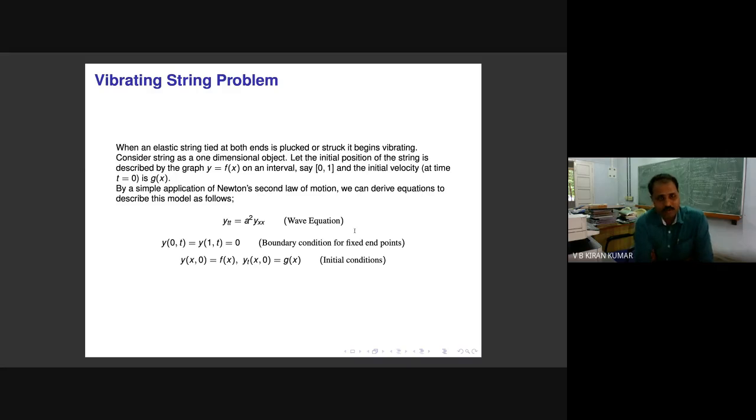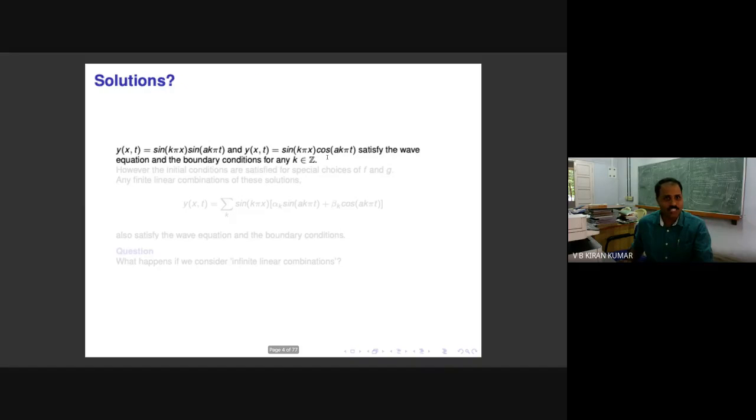So in the vibrating string problem, if we want to understand the vibration of this string, we need to solve the wave equation with the boundary conditions and initial conditions given here. Now let us look at the solutions.